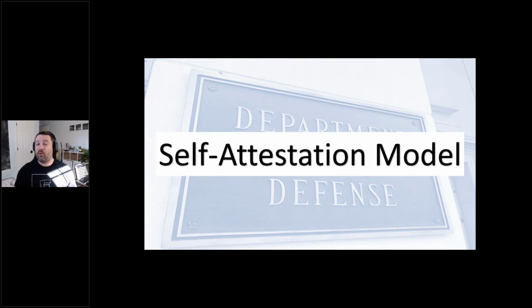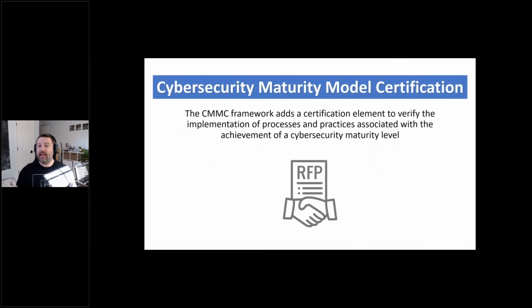We're talking about $1 trillion, organizations doing their best, etc. So the self-attestation model is what needs to change. And that is where the cybersecurity maturity model certification comes into play. The certification is referring to certifying organizations who are part of the defense industrial base, that they have processes and practices associated with the achievement of a cybersecurity maturity level.